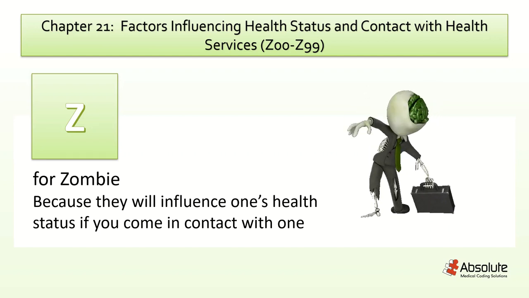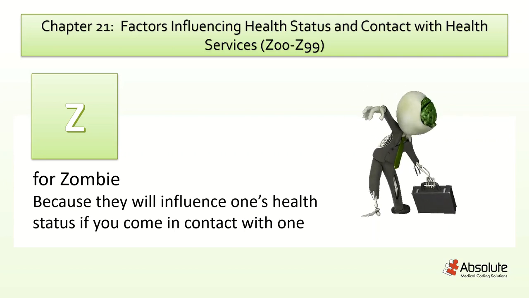For instance, a history of a disease or illness, or an encounter, the reason a person is there, a type of encounter, or a type of birth. So these are not necessarily illnesses and injuries.